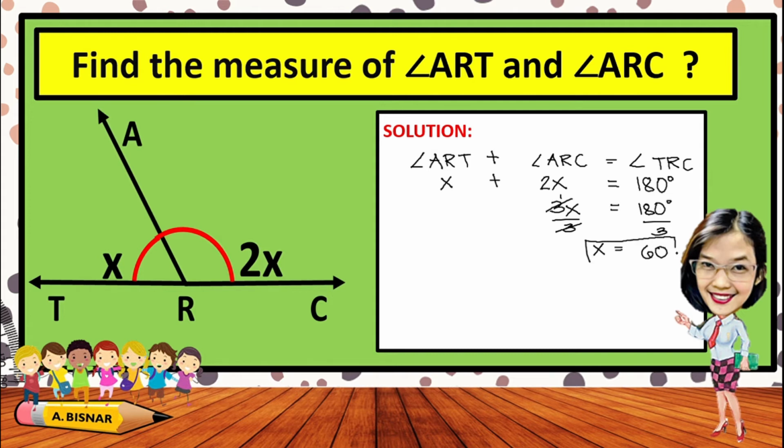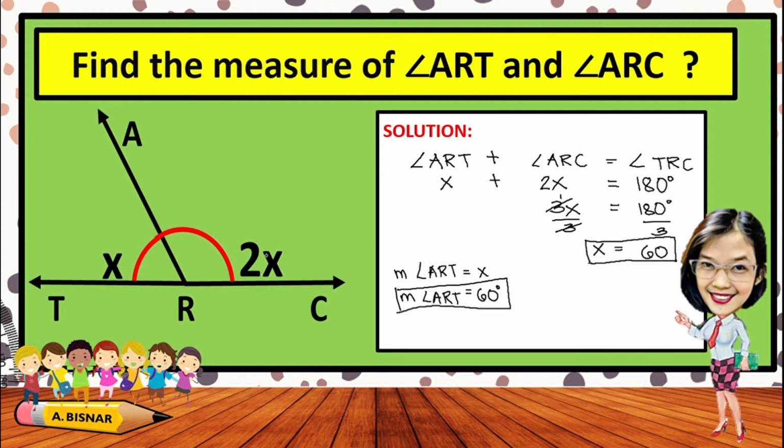Is this the answer now? Not yet, because we still need to substitute it. So again, the measure of angle ART is equivalent to x, and the value of x is 60 degrees. So the measurement of angle ART is 60 degrees.